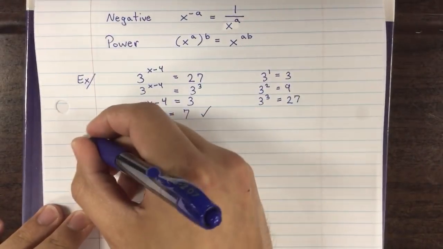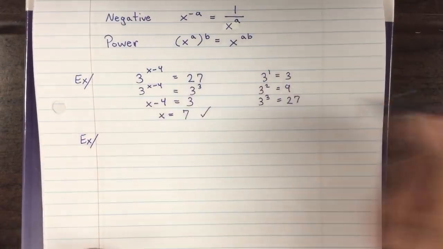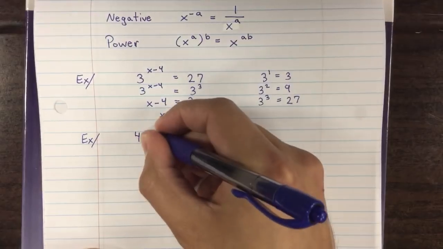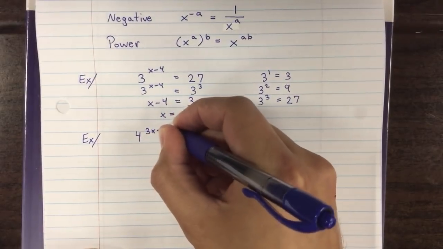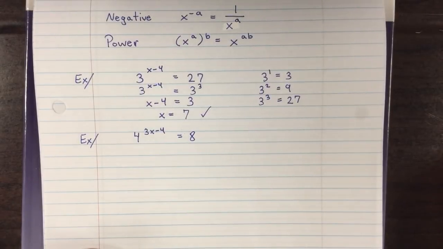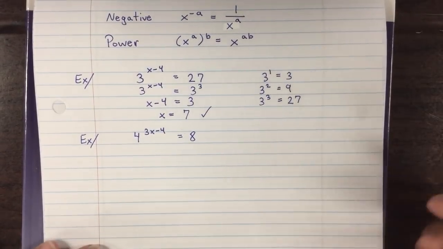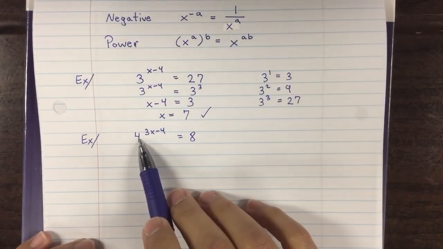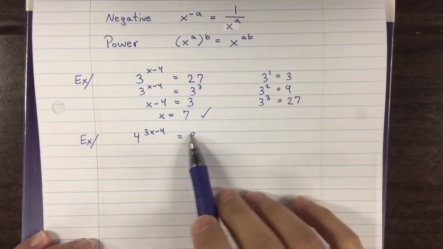All right, let's see what happens when we have a power already here, like with the 27. So say if we had 4 to the 3x minus 4 equals 8. All right, so both of these are not the same base. Now, the smaller number 4 can't become 8.